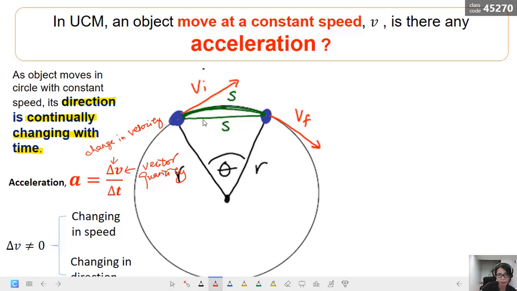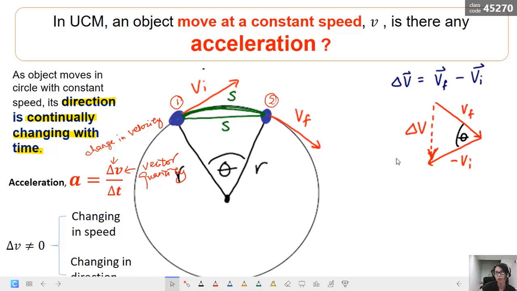See, this is the initial point. The direction of velocity is here. And this is the second point, whereby the direction has already changed. This is the direction of the velocity. So we can see obviously there is a change in velocity due to the change in direction. And change in velocity is v final minus v initial.